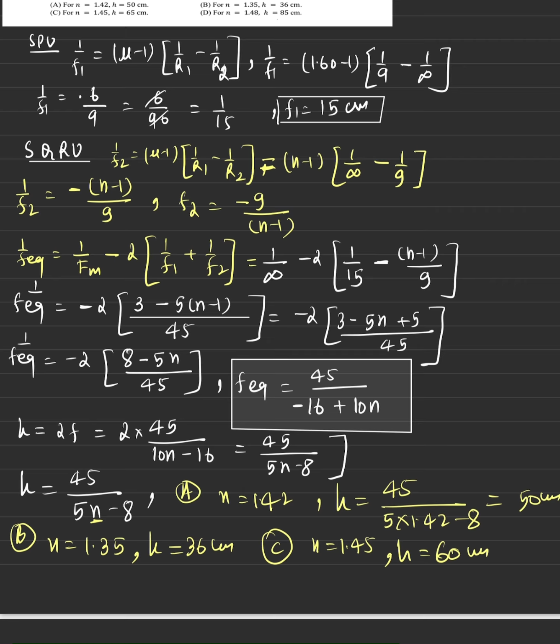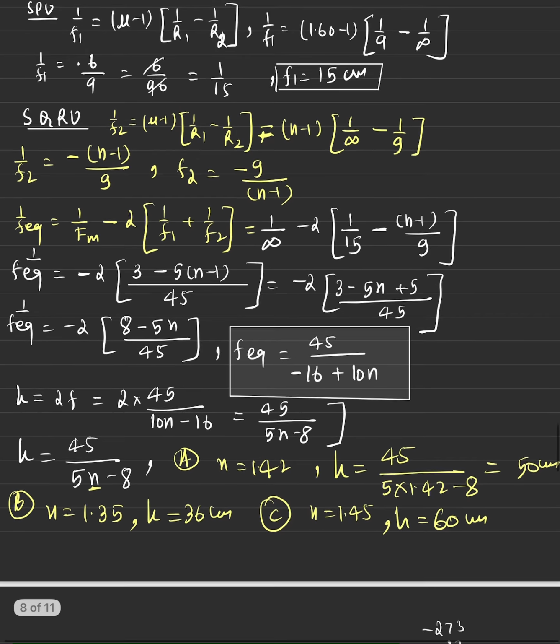And we are going to check the value in option C: here we get h as 65 centimeter, which is not correct. So option C is not correct.